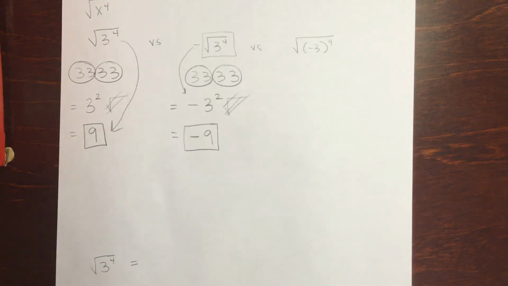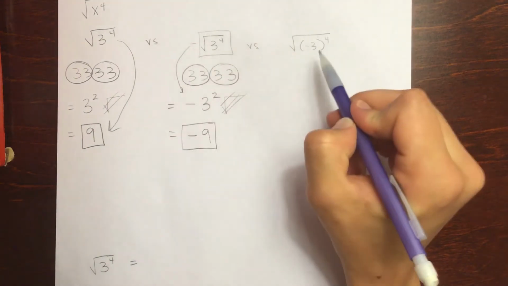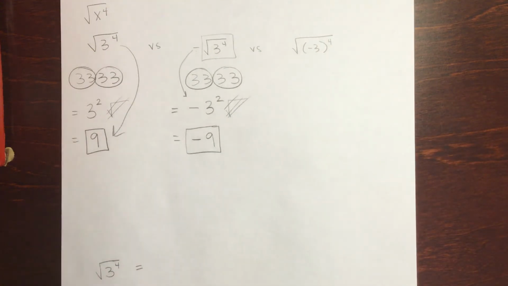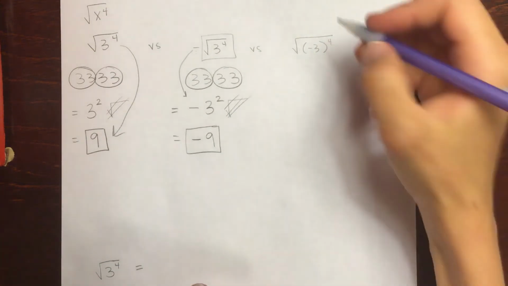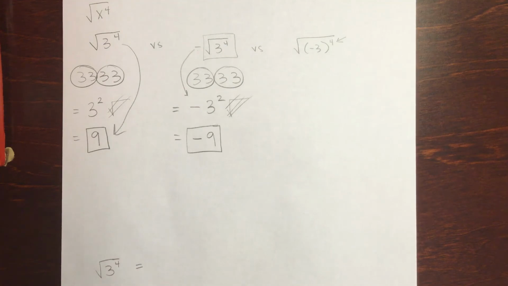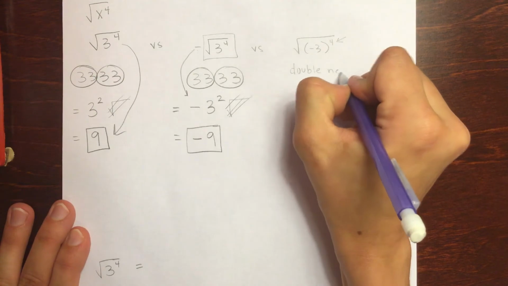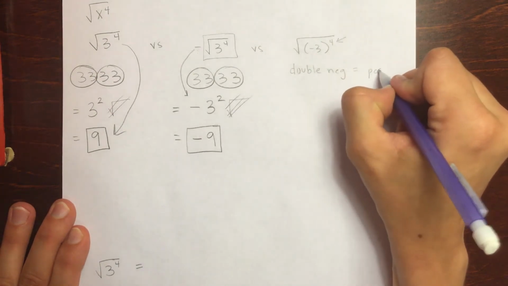But there is a difference between a negative in front of your square root versus a negative under your square root. In this case, if the negative is under your square root and that number is odd, it would be no solution. But that shouldn't happen on your homework ever. So, as long as this is an even number, remember, I'm sure you've heard this, double negative equals a positive.